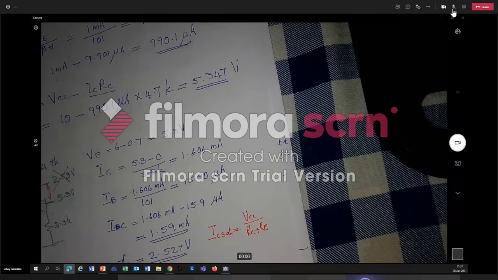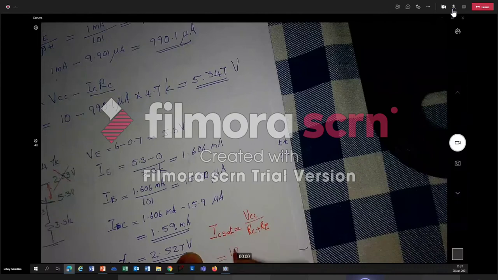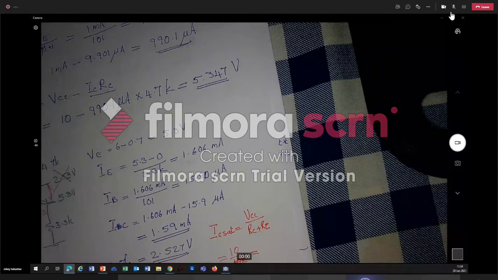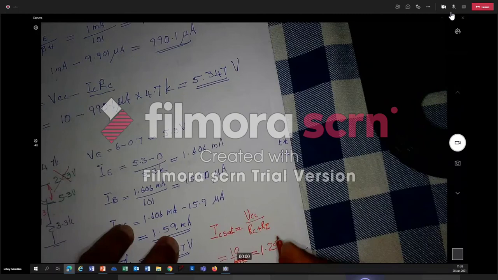In this case, 10 divided by what is 4.7 plus 3.3? Isn't it 10K? So your current is going to be 1.25 milliampere.